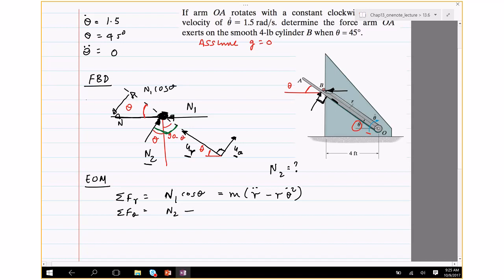This component is N1 sine theta, and you can see it acts in the negative theta direction. So that's going to be minus N1 sine theta equals mass times acceleration in the theta direction. So that is this.